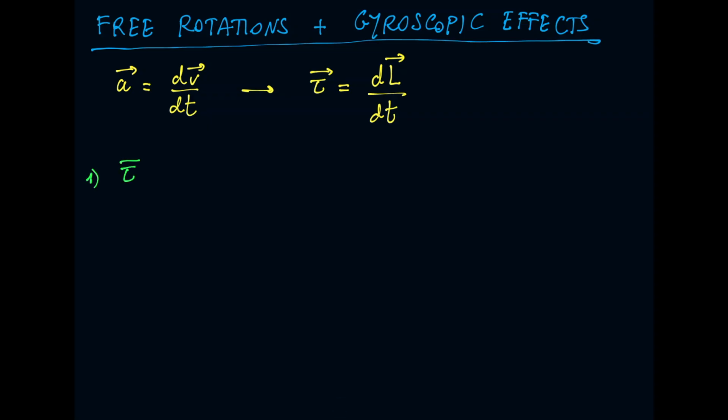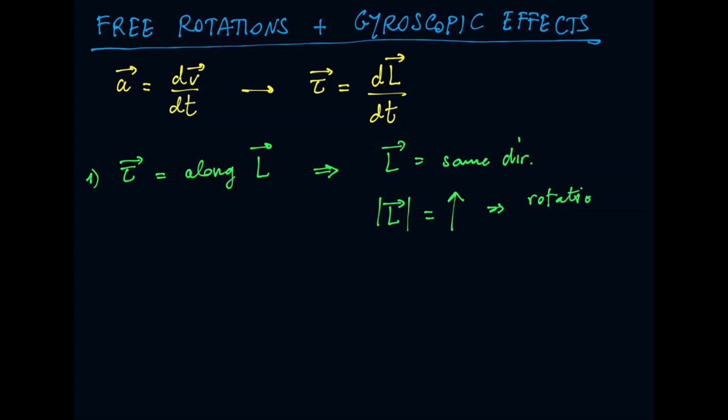One is where tau is along the existing angular momentum, same direction, same orientation. And the analogy with acceleration and velocity was when acceleration is in the same direction as velocity. Well, we said that the direction doesn't change and that the magnitude increases, so the rotation speeds up.